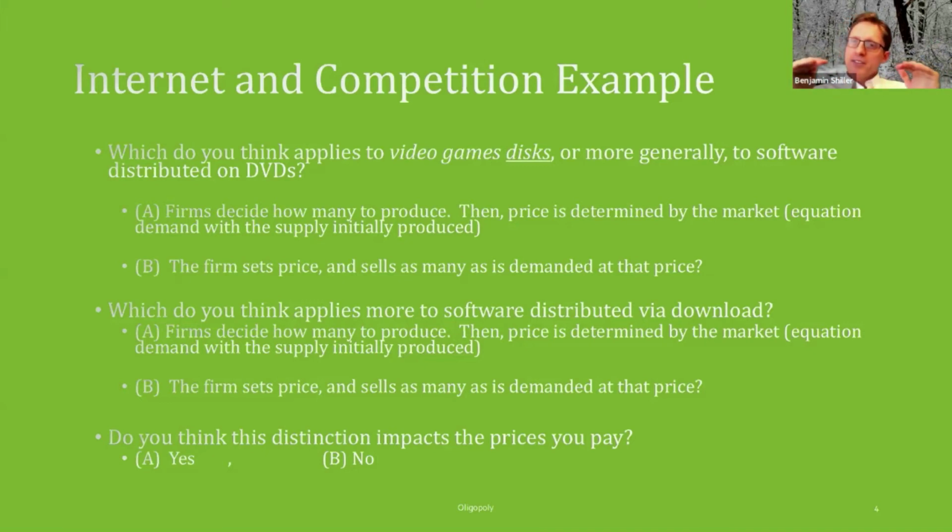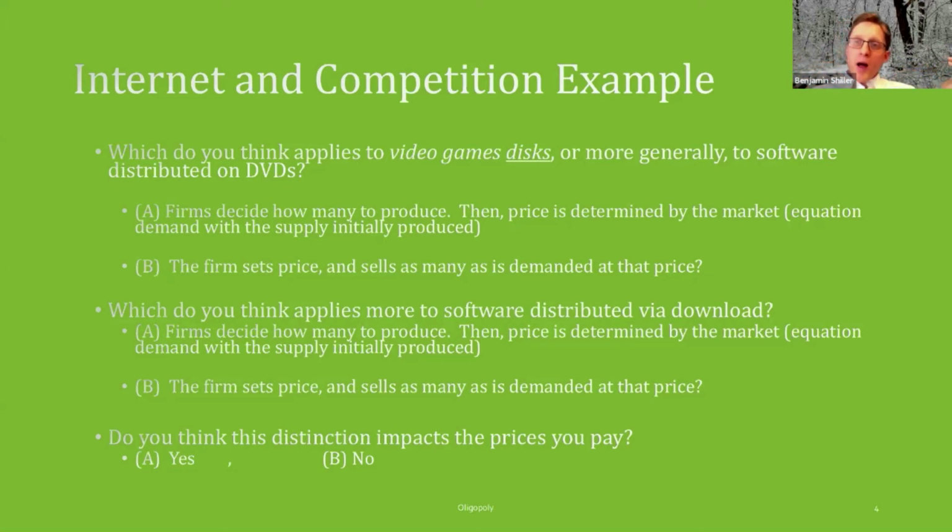So they always have an incentive to undercut the rival as long as the price is above marginal cost. But when price is at marginal cost, if they undercut the rival, they'd steal all the sales, but then they'd be losing money on every transaction because the price they're charging is below the cost it takes them to actually produce that item. So in that case, they would no longer have an incentive to undercut each other.